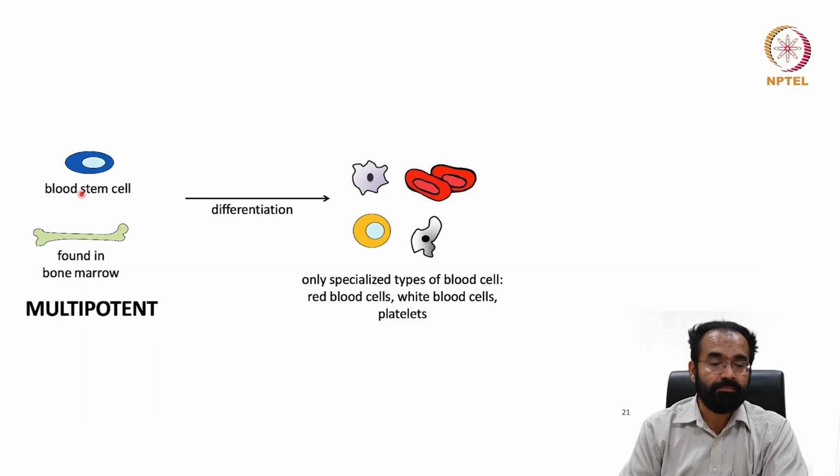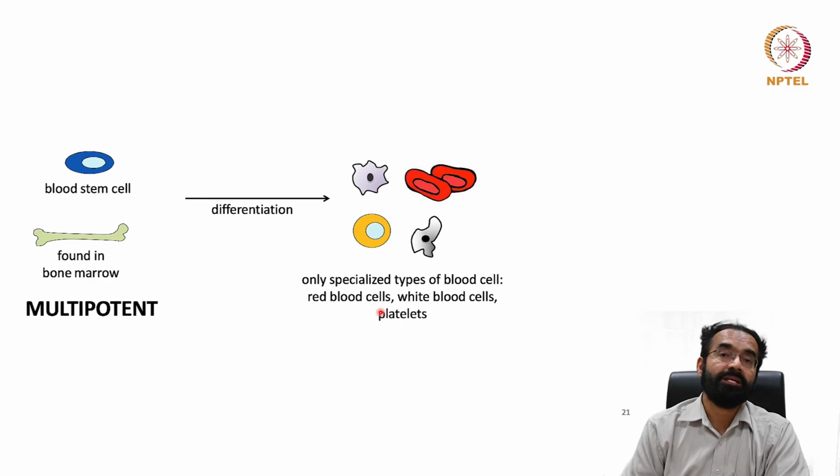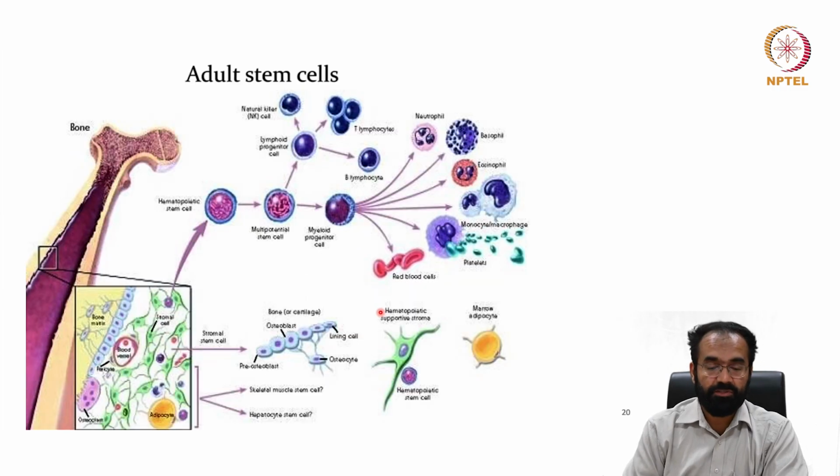So this is a blood stem cell found in the bone marrow. They are multipotent cells. They usually differentiate into specialized types of blood cells, like I mentioned, myeloid and lymphoid lineage, and red blood cells, white blood cells, and platelets, which usually happens, but they can be forced to give rise to, as mentioned, skeletal muscle and hepatocyte or various other cell types if you give a proper atmosphere.